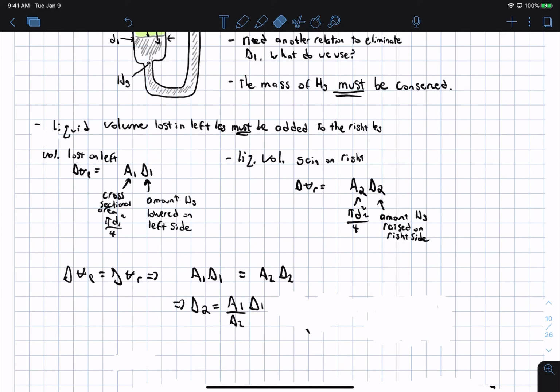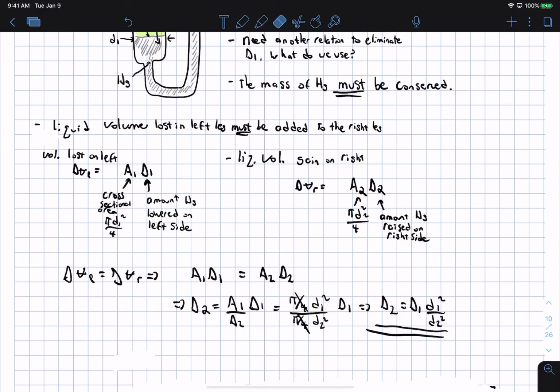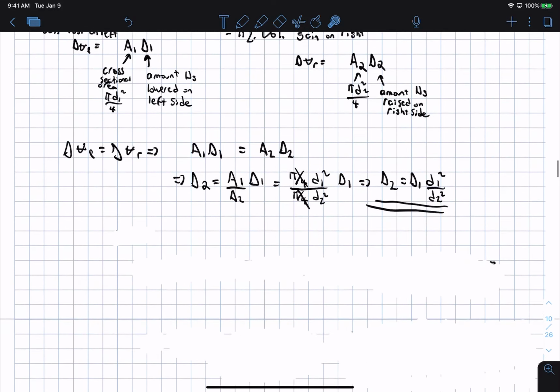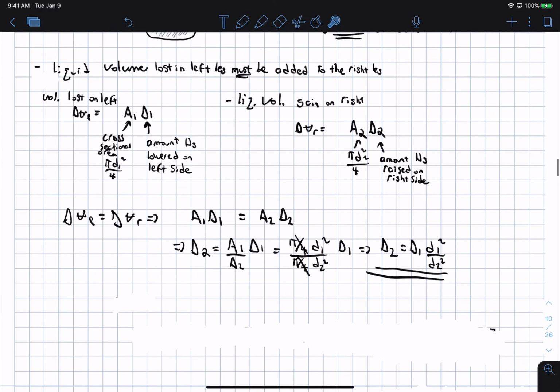I substitute in the pi d squareds, and I do some simplification, and I wind up with that delta 2 is just equal to delta 1 times d1 squared over d2 squared. Okay, so I now know delta 2 in relation to delta 1.